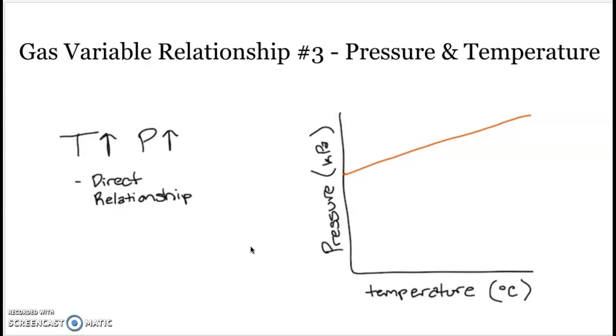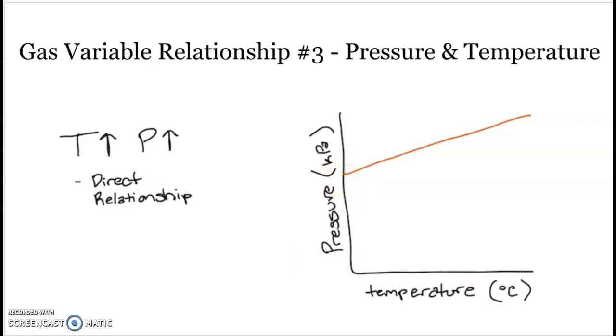There is no pressure or no collisions only when there is no motion in particles. And the only time that there is no motion of particles is at 0 Kelvin, or absolute zero. So at 0 degrees Celsius, the pressure is not 0.